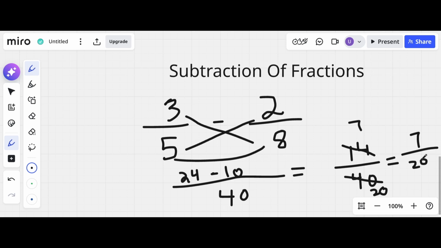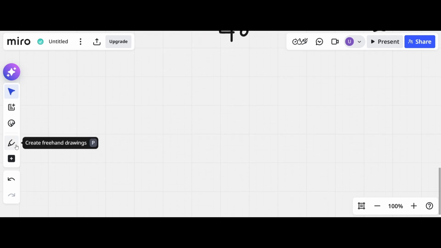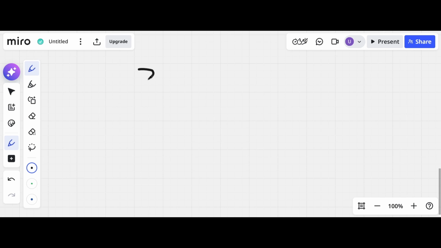Okay, now we're going to do the same thing with integers.